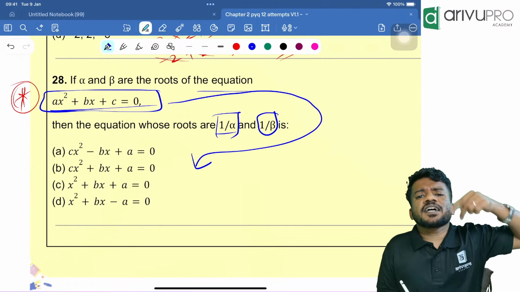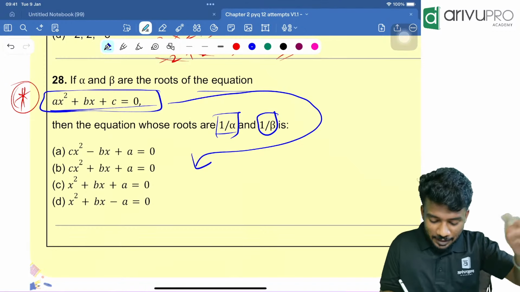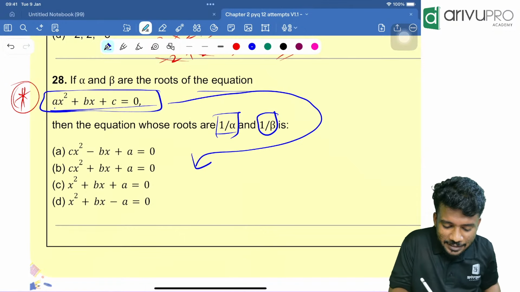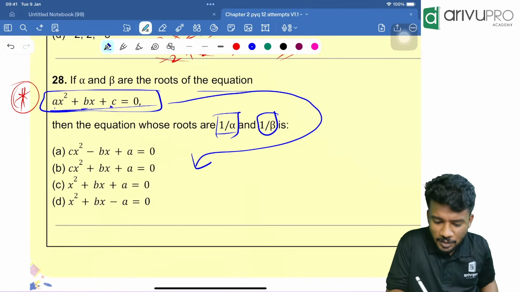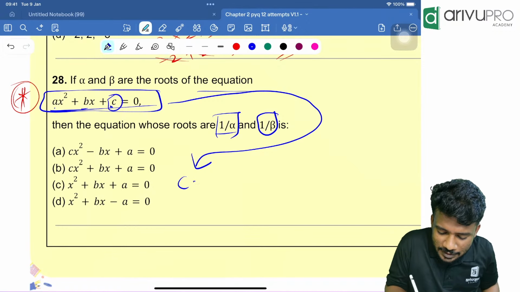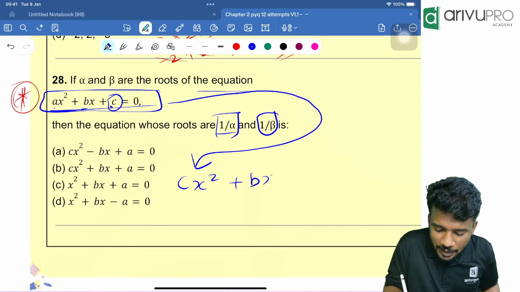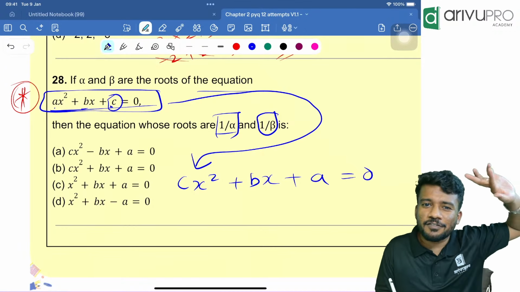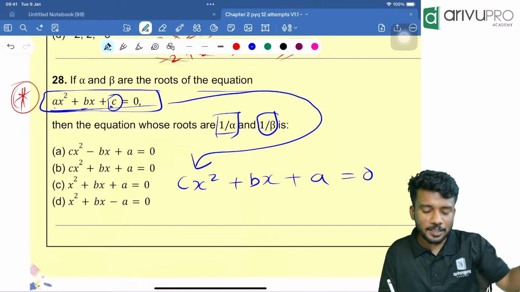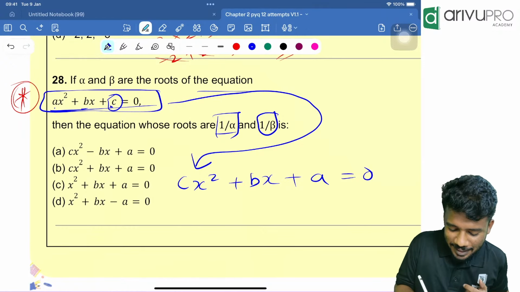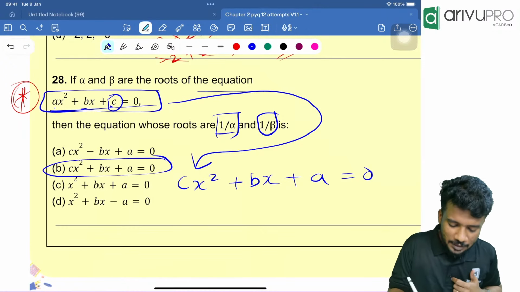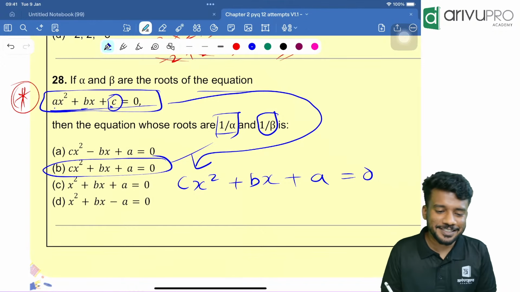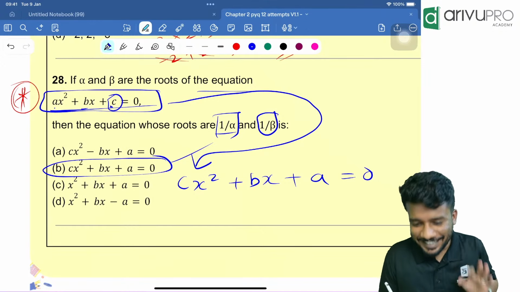If the roots are the reciprocals, the equation becomes cx square plus bx plus a equal to 0. The constant term and the coefficient of x square get swapped. That's all. Direct answer. Option B is your answer: cx square plus bx plus a. Got it?